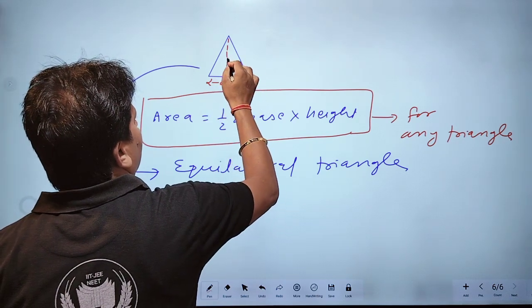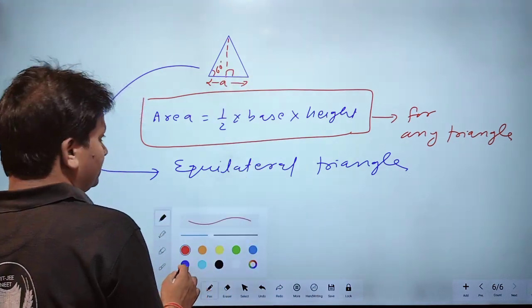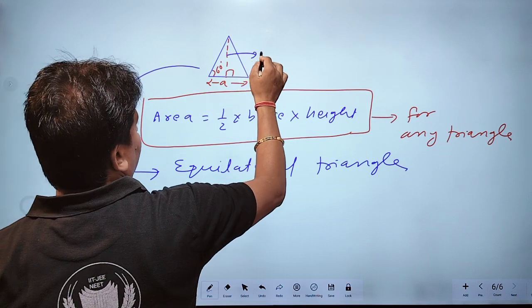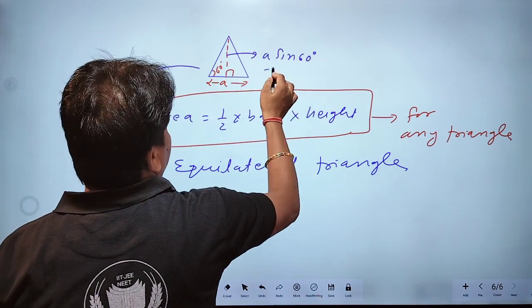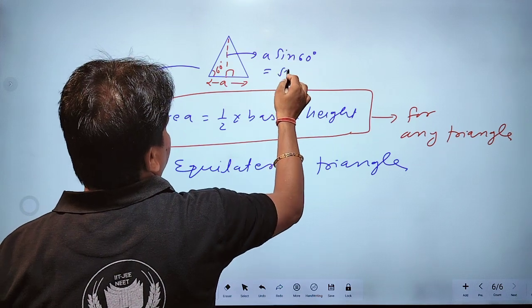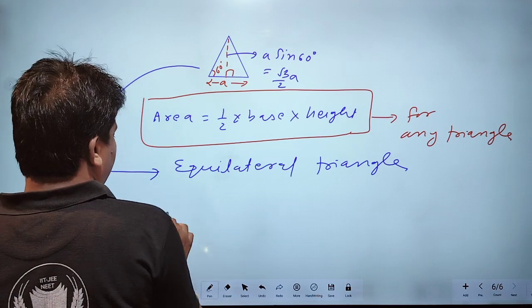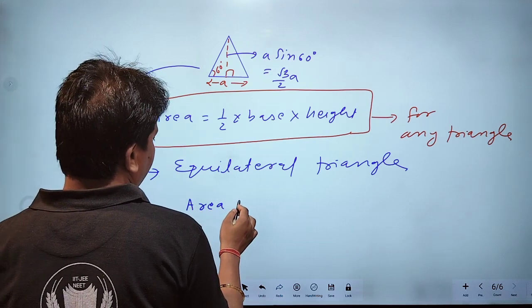Base is A, and this angle is 60 degree because each angle of an equilateral triangle is 60 degree. This perpendicular will be A sin 60 degree. Okay? Sin 60 is root 3 by 2.